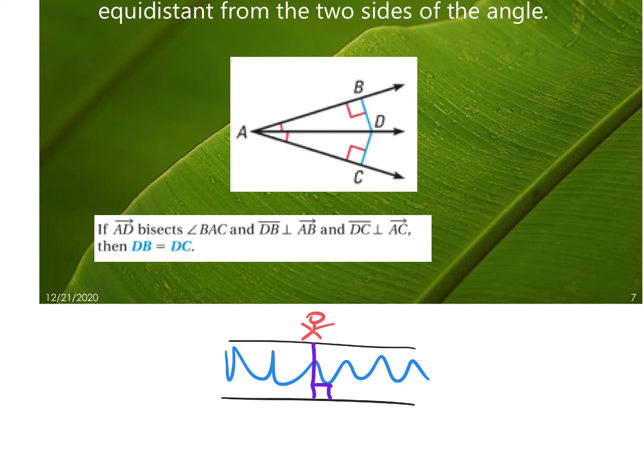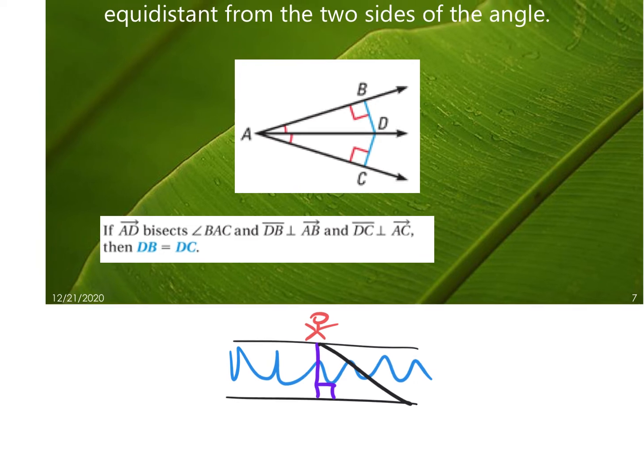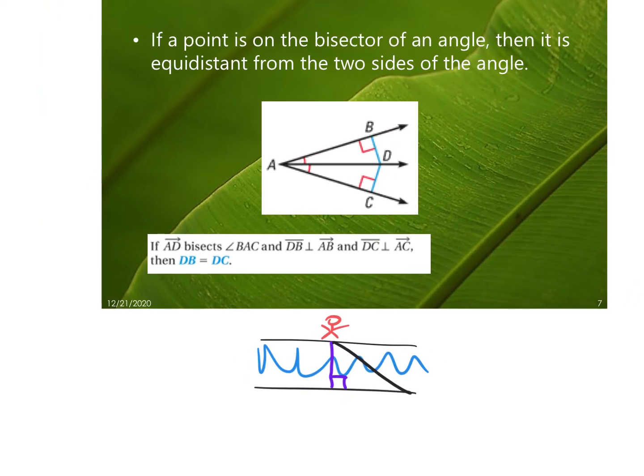You would not want to swim diagonally here. So remember, the distance is always going to be indicated with a right angle because it has to be the perpendicular segment. And for equidistant, we would be looking for congruency marks on these segments as well.